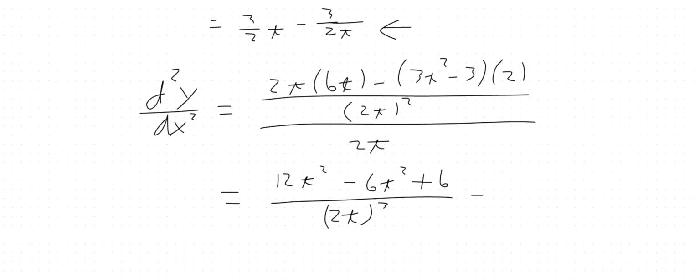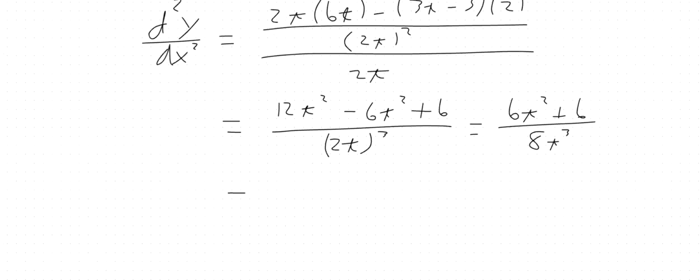So combining that together, 6t squared plus 6 over 8t cubed. Here we can do some simplification. Factor out a 2 on the top and bottom: 3t squared plus 3 all over 4t cubed.